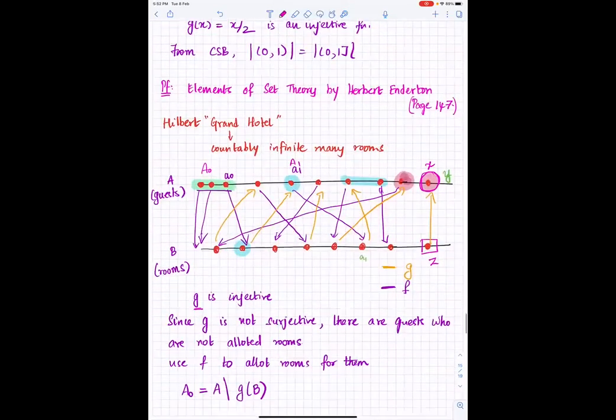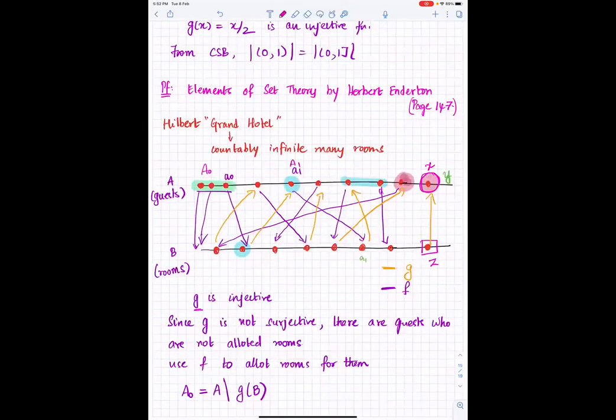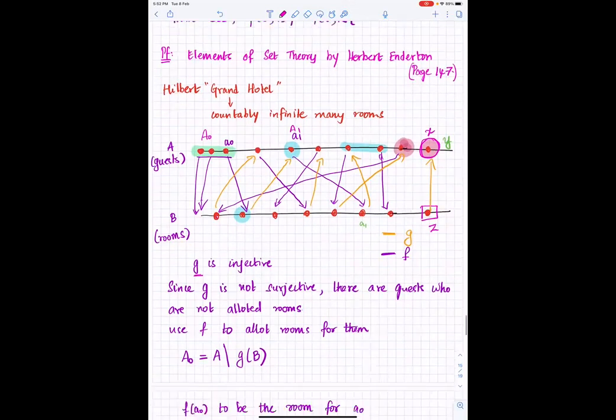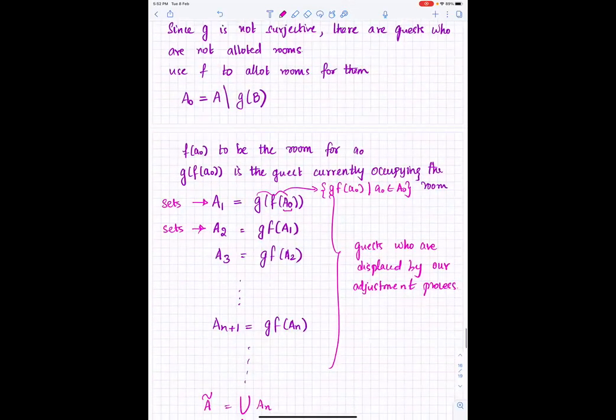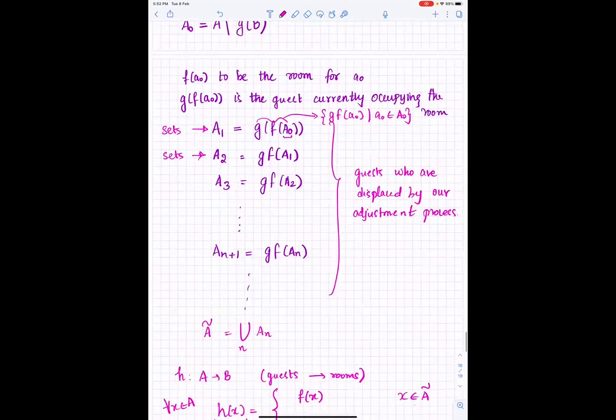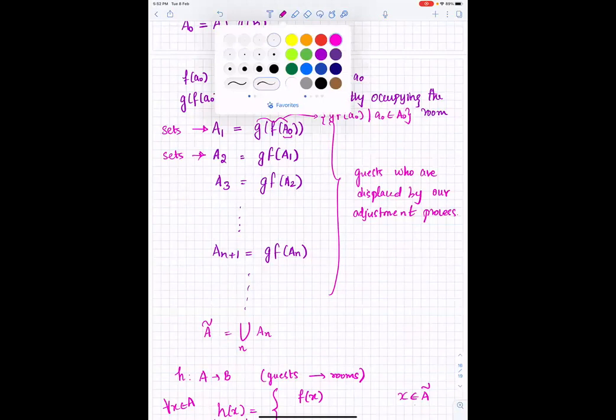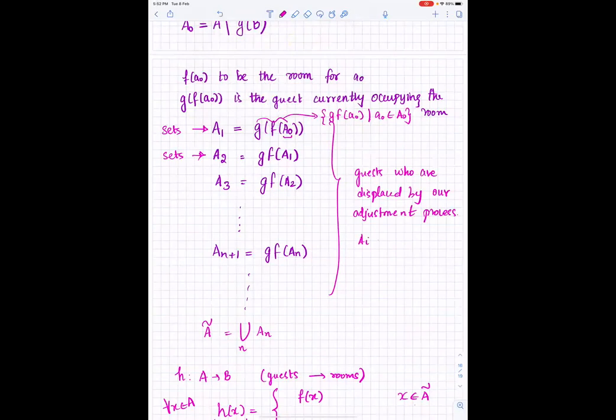Yeah, we actually don't use countability here. Okay, so yeah, I should have actually said that. Maybe I think one place we are using countability is this one, that each AI is actually countable. Right? And the union of countable sets is countable, so A tilde is countable.